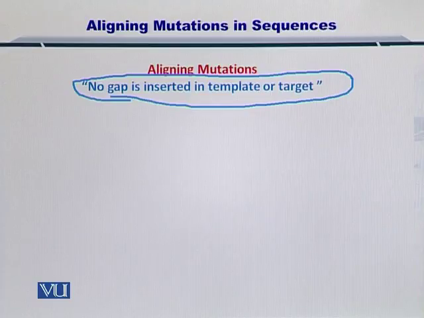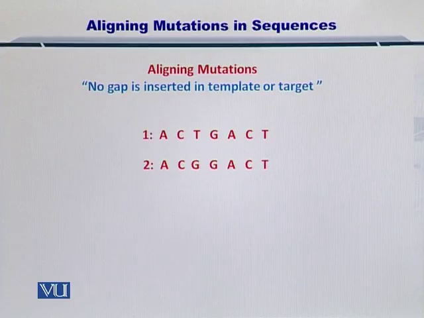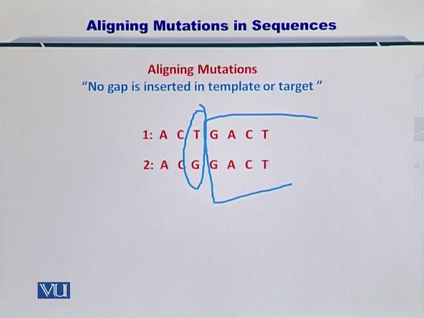What we simply do is we take two sequences here, and we can observe that these two sequences differ here, and the rest of it is conserved in both cases.